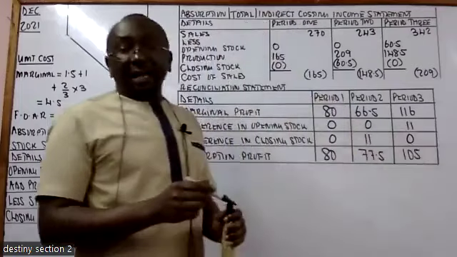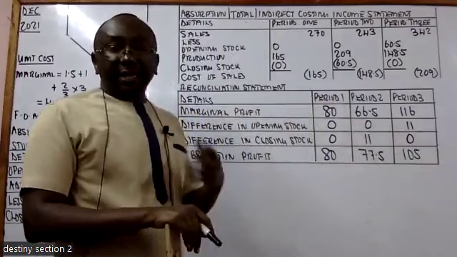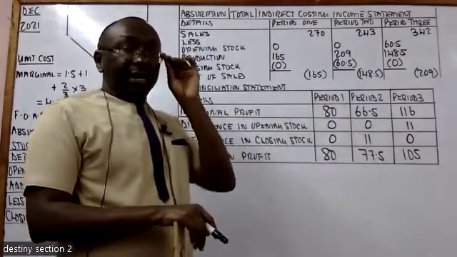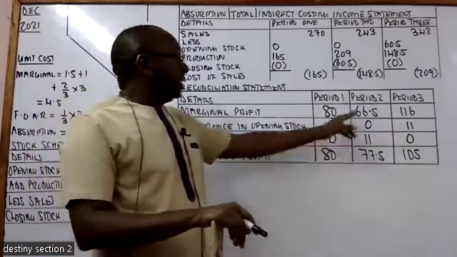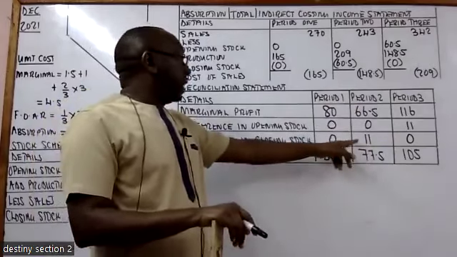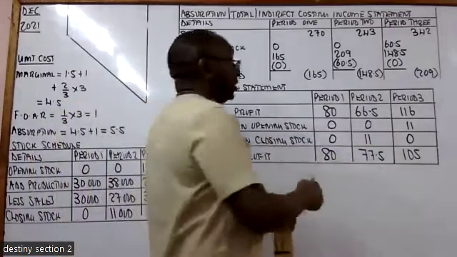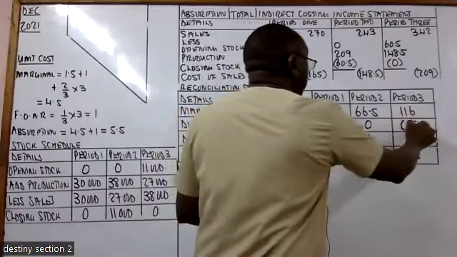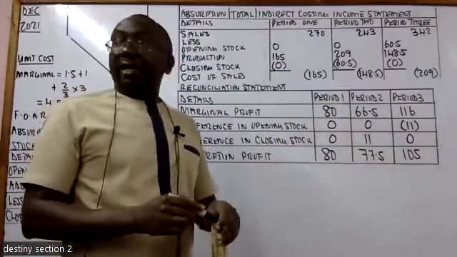You can even leave it that way. But because you have an idea that one of them should be added and the other one should be subtracted, you are guided here. Now this one is going to be added and this one is going to be subtracted. So you just put this now in the brackets. And that's all. Very simple like that.